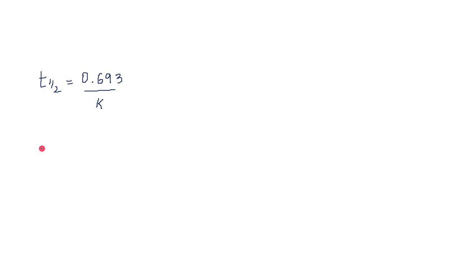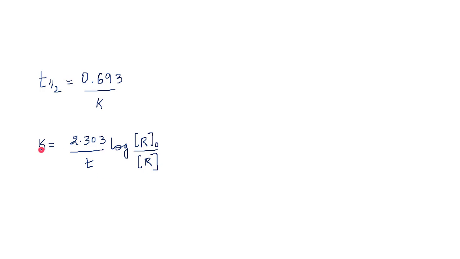And to calculate rate constant or the completion of reaction at other intervals of time, we use the formula K is equal to 2.303 divided by t, log of R naught by R, right?